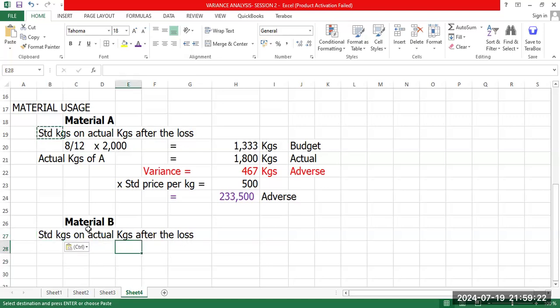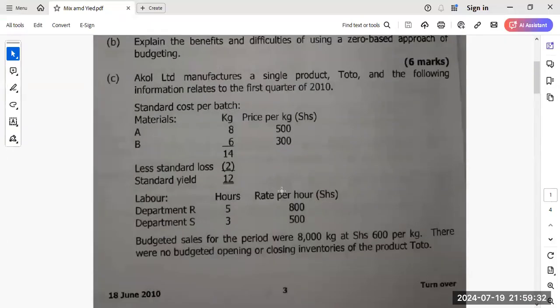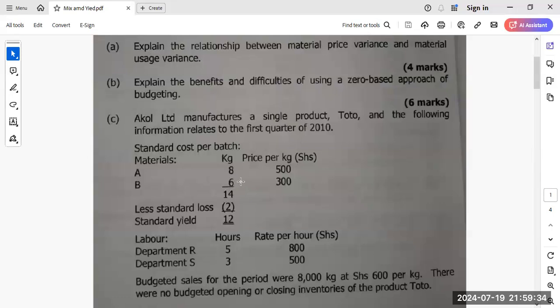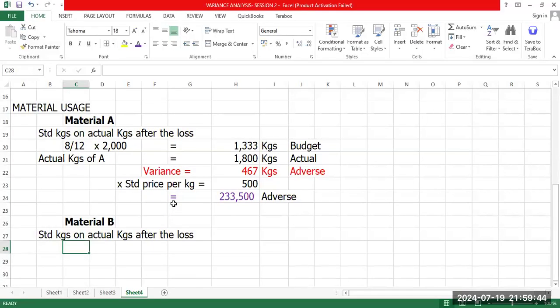Here you are dealing with material B. The portion for material B will be 6 out of 12.